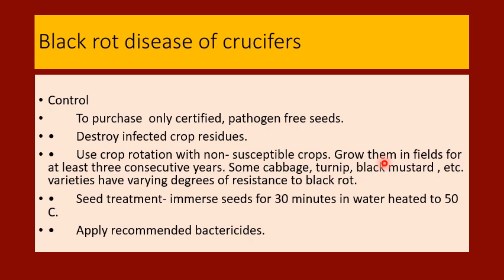Some cabbage, turnip, black mustard, etc. varieties have varying degrees of resistance to black rot, but it is better to grow the non-susceptible crops. Then seed treatment: immerse the seeds for 30 minutes in water heated up to 50 degrees Celsius. Then apply recommended bactericides.